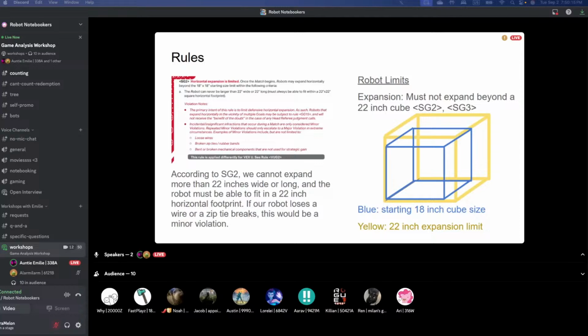A much better format would be on the right side, where you break it into your elements and then your related robot rules, where you have your expansion rules detailed out just in a single summary sentence, because you don't need everything in SG2 and SG3 to say the essence of it, which is a 22-inch cube.